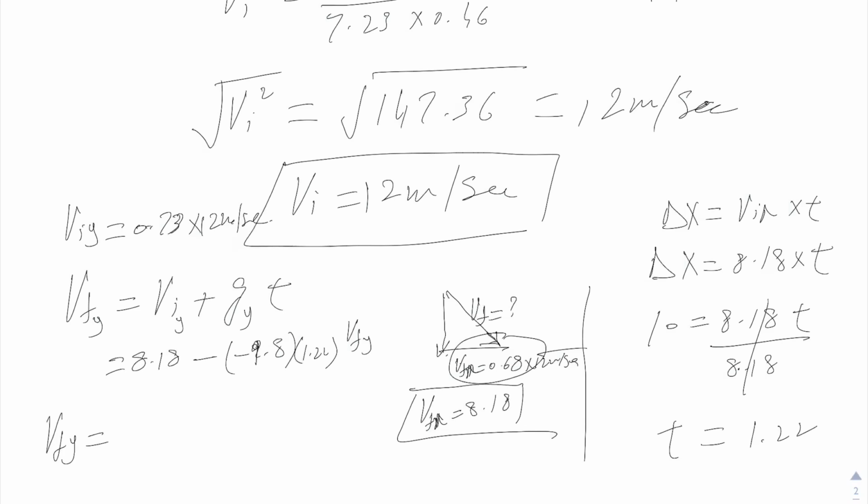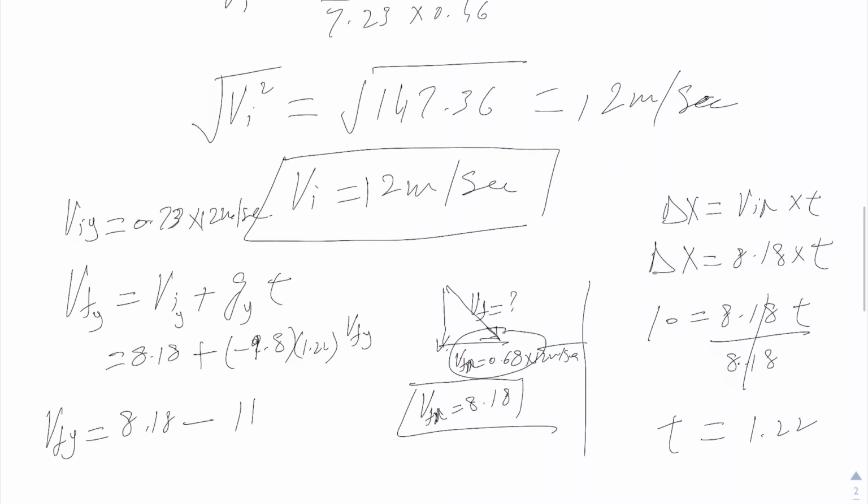That is the y component of the initial velocity we have calculated, 8.18. When we multiply negative 9.8 with 1.22, we'll come up with 11.95, and the y component of the final velocity we will calculate is negative 3.77.